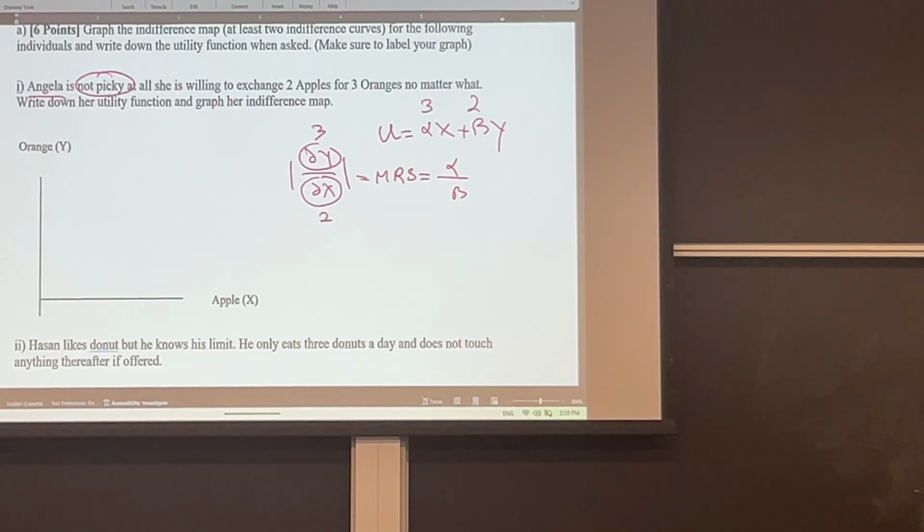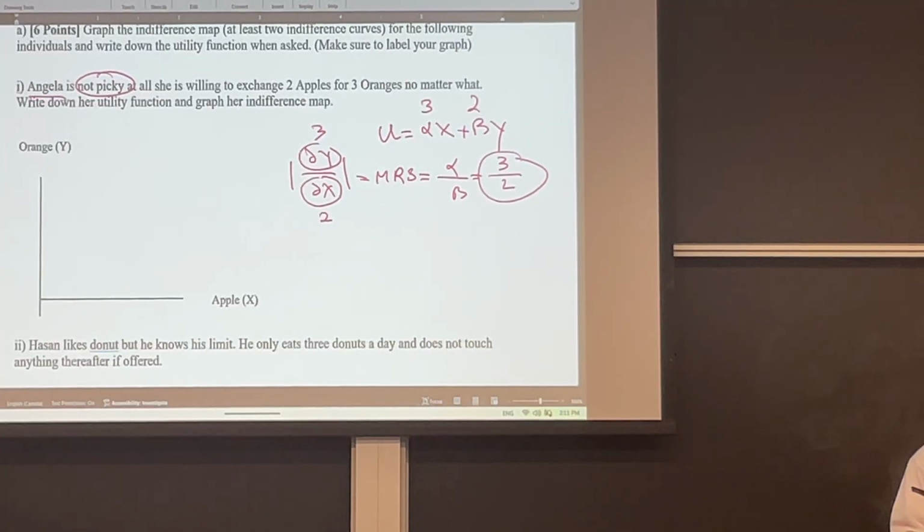This should be 2. Right? That should be 3, 2. This individual likes apple 50% more than orange because he takes 2 apples and exchanges for 3 oranges. So he likes apple more than the orange. That's what this shows. Right?